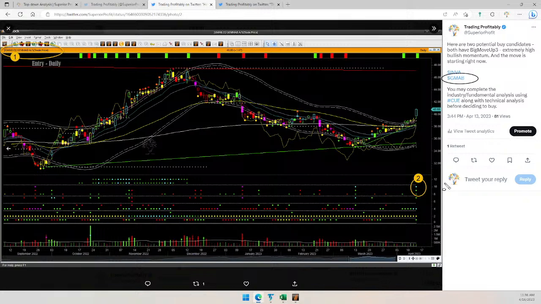One thing that was common between these two charts was this big move up 3, very strong bullish momentum. And you notice this stock was also in a downtrend. Then it started to go up with memory trend line support, and that was the day it was breaking out with big move up 3 for both the charts, both the stocks.